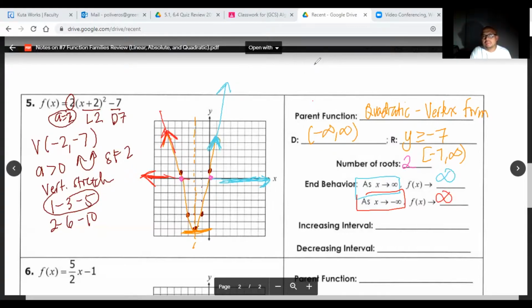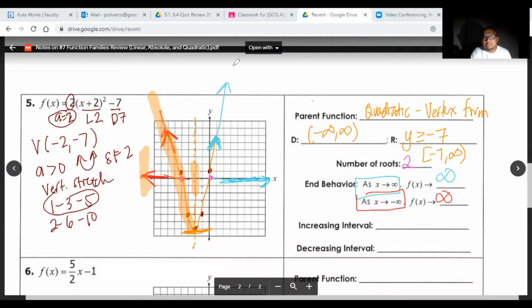Increasing interval, here we go now. The graph here is obviously going down. The orange highlighted one is going down. That is your decreasing portion. But where is this happening on the x value? It's happening from here up to this point, right?